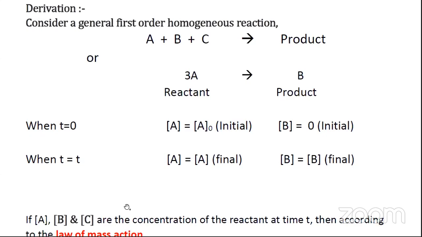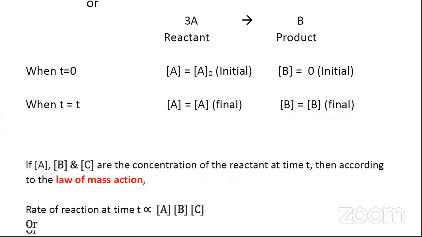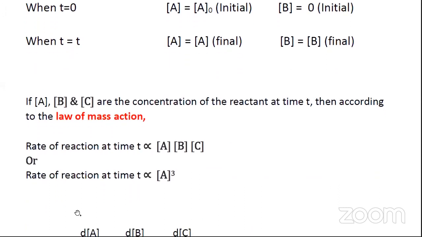Now, applying law of mass action to the above reaction, we get rate of reaction at time t directly proportional to the concentration of A, B, C. Or for this reaction, rate of reaction at time t is directly proportional to A cube, or A into A into A. पाया समान असताना घातांकाची बेरीज होते.